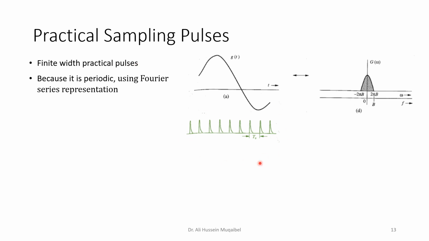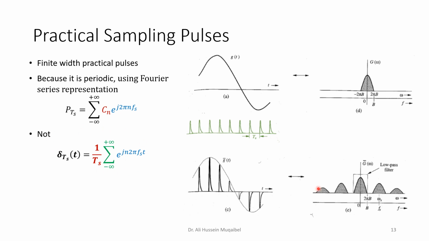Because this is periodic, we can use a Fourier series representation. Remember here we had 1 over Ts. It was constant for all frequencies. But because of this practical sampling, we will get a constant that's changing with n, and it's usually decaying with n. So the spectrum will not get this Fourier series, but rather will get the following spectrum.